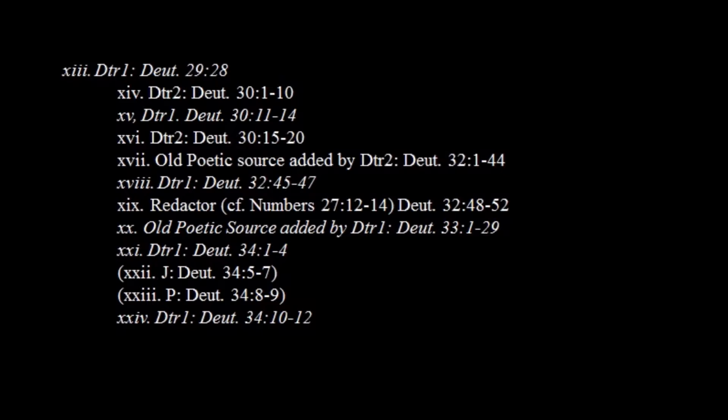And one of the interesting things is that this week's Parsha, Hazinu, chapter 32, is a very old poem that DTR2 put in. Okay? And we know that from what's said just before it and what's said just after it. And we'll be looking at that in the Torah study this week.